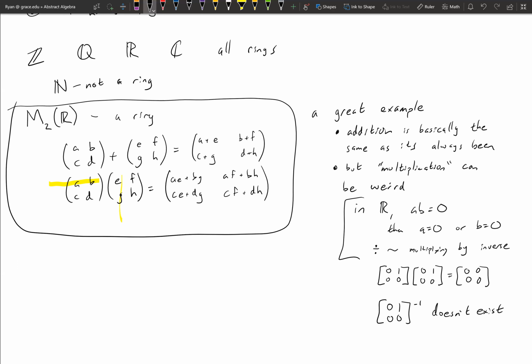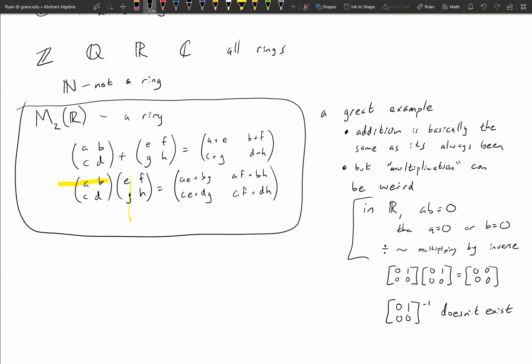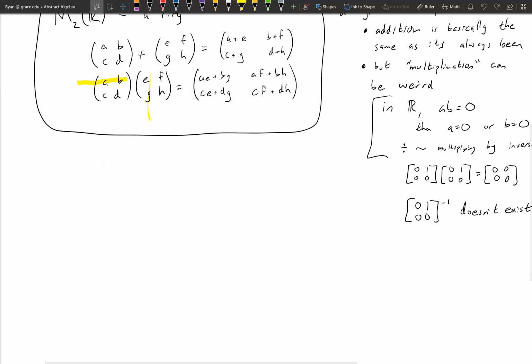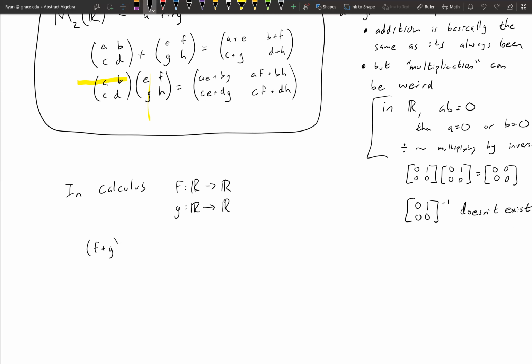Let's see. So another example of rings is, remember in calculus? So in calculus, we defined, if you had two functions from the real numbers to the real numbers, then f plus g of x equals f of x plus g of x.